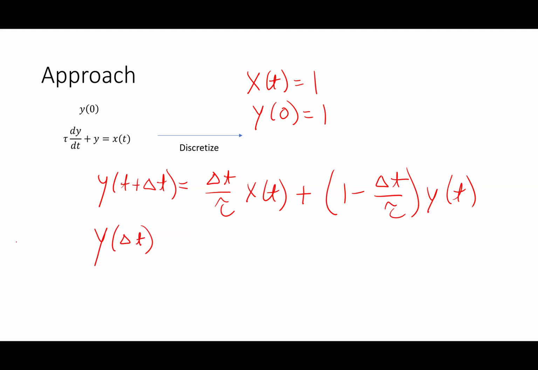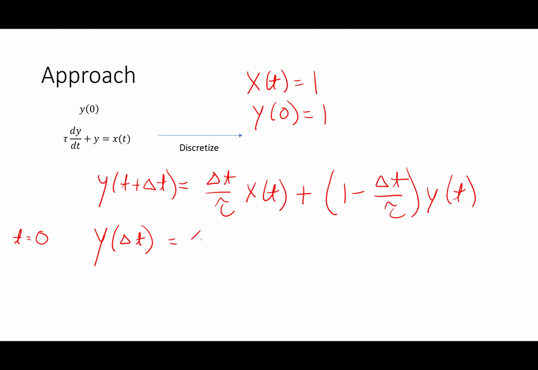What I just wrote here, what value did I plug in just now for t? I plugged in 0. If I plug in 0, I have 0 plus delta t, which gives delta t. So if I plug in t equal to 0 here, what value would I plug in here? t equal to 0 as well.